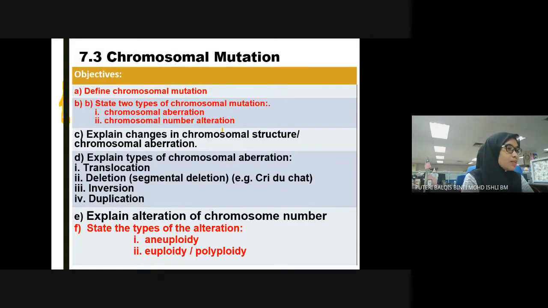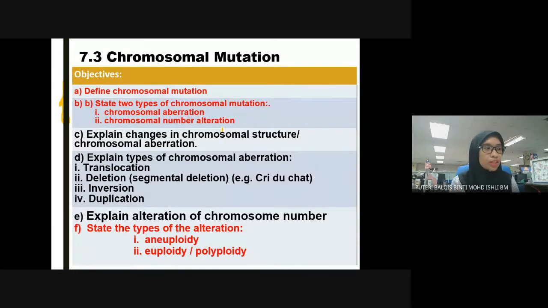Template DNA tu... Ya, oh okay, faham. Dia mutation sekali je, tapi dia terus bagi efek, sebab dia melibatkan gene, the DNA. Dia DNA, so dia bagi efek directly kepada kita punya phenotype.